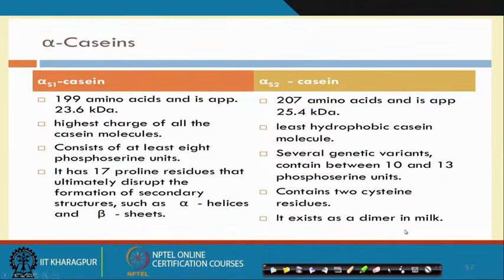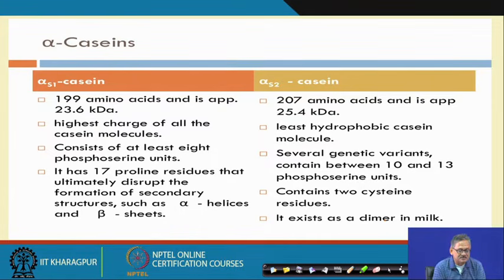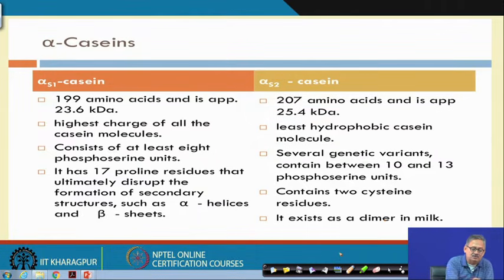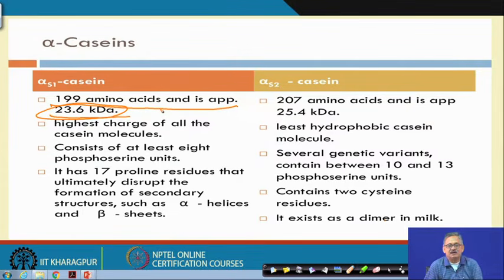Now, what is alpha S1 casein or alpha casein, right? Alpha caseins means alpha S1 and alpha S2 caseins. Alpha S1 casein has 199 amino acids and is approximately 23.6 kilodalton in size, right.